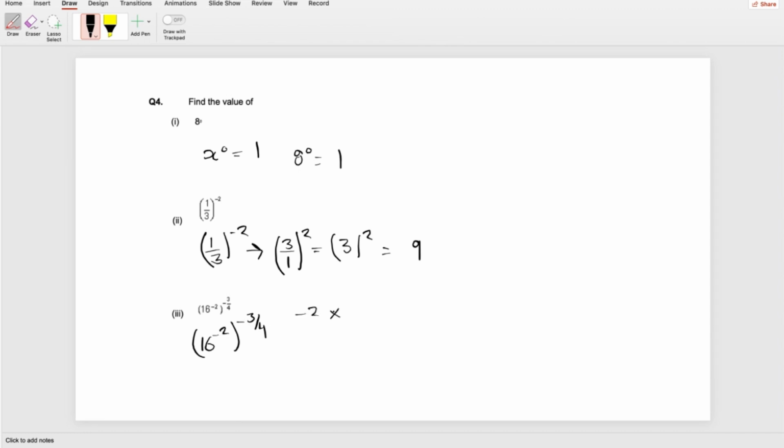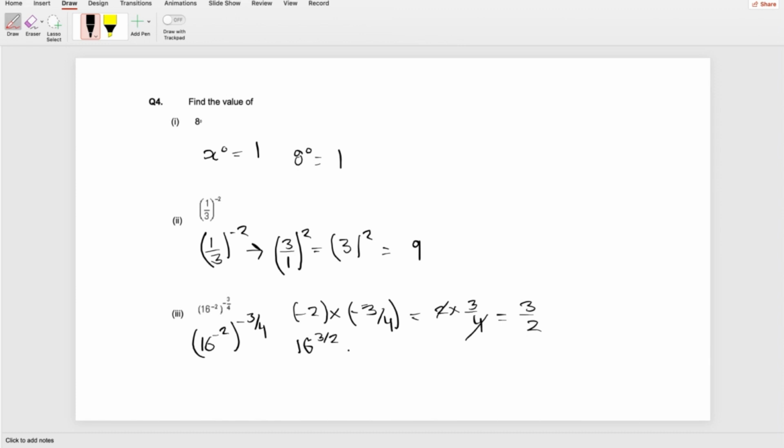So minus 2 times minus 3 over 4 equals, the minus cancels out, so it's 2 times 3 over 4. 2 times 3 over 4 is 3 over 2. Since you just crossed that out, you divide both by 2, so it becomes 3 over 2. So you can simplify it to 16 to the power of 3 over 2.